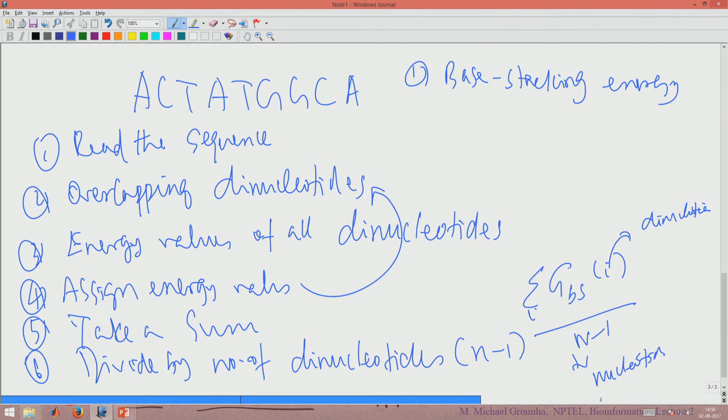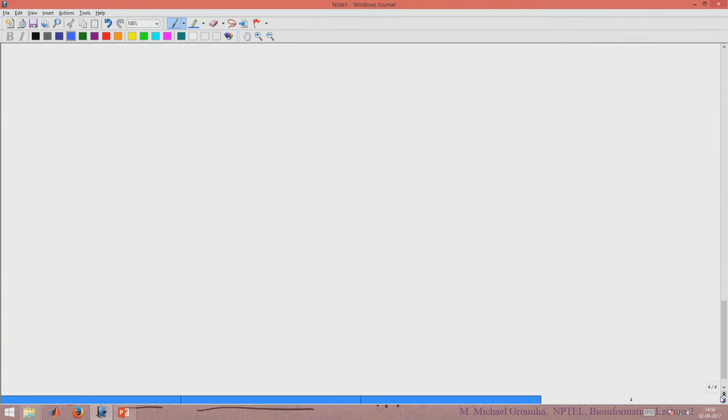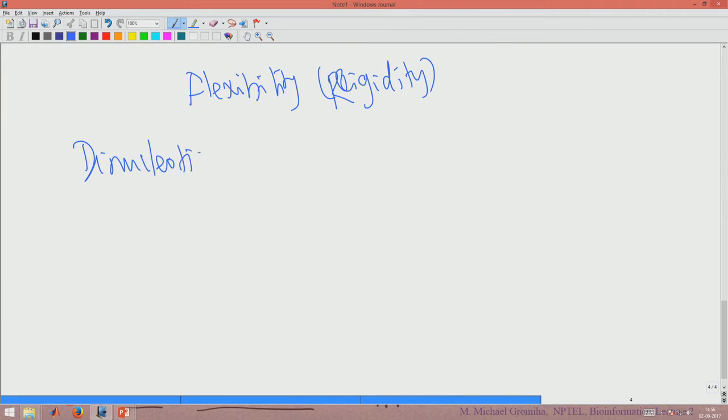Likewise, if we have the flexibility or rigidity, what to do? The same way. Only the same procedure you have to follow, the only difference is that instead of di you have to move to tri.